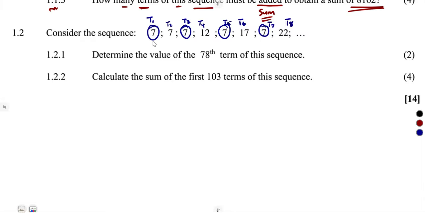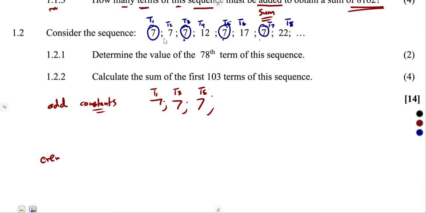So this is for the odd terms T1, T3, T5 and T7. Those are constants. So it is a combined sequence where there are constants for those odd terms: 7, 7, 7, 7, and so on, for T1, T3, T5, and so on.